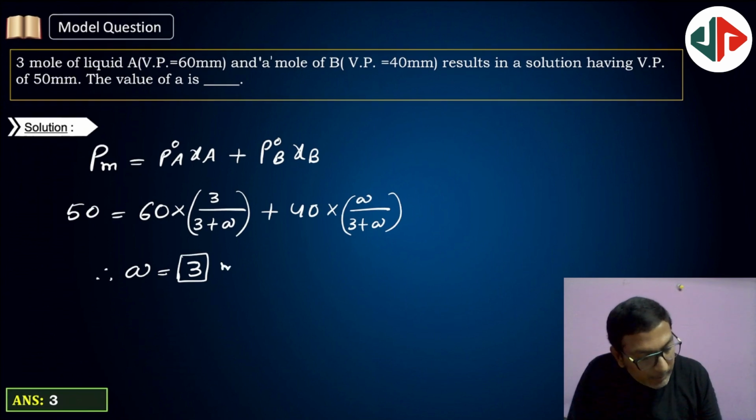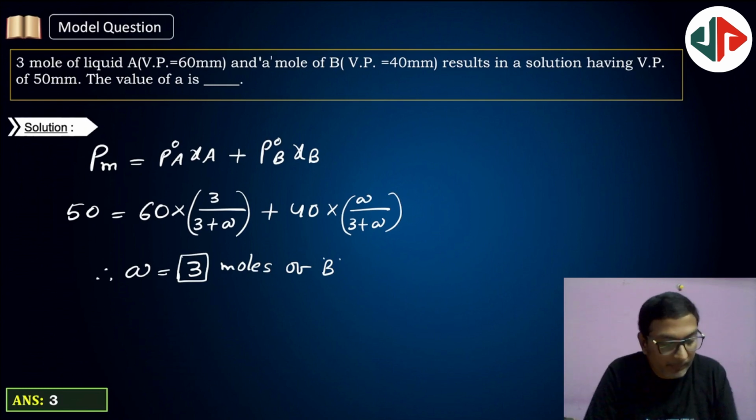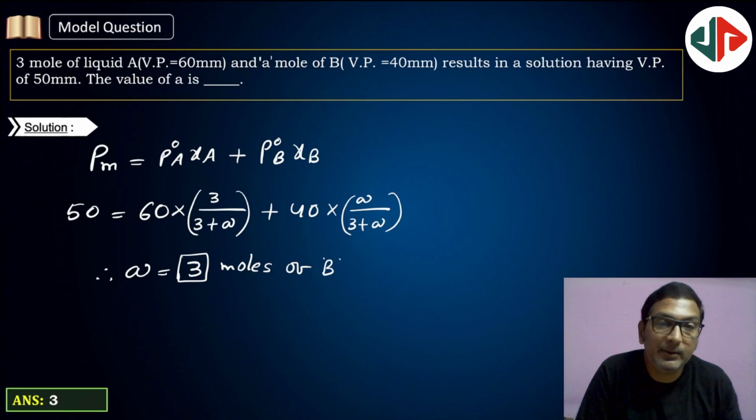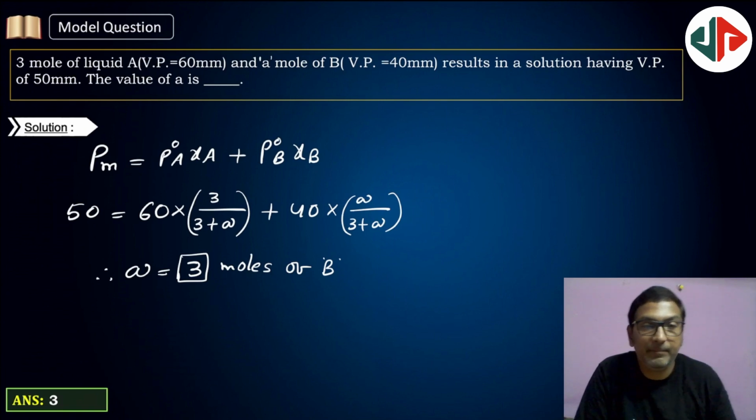So 3 moles of B is present. So total 30 plus 20, 50, we get total pressure as 50.